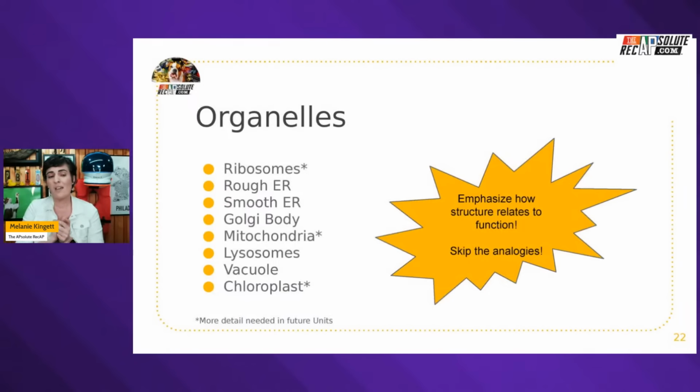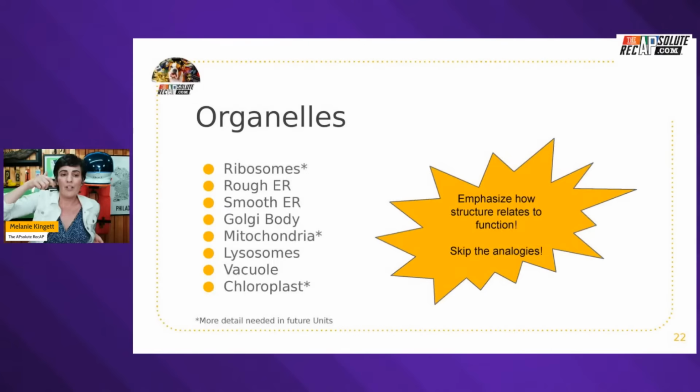for this. The ones that have asterisks come back in later units. So in terms of the organelle importance, they repeat multiple times, and so it is more likely there'll be questions on those since they show up in multiple units. My advice to you: clearly you should know what the organelles do. But think about it from a different perspective, right?